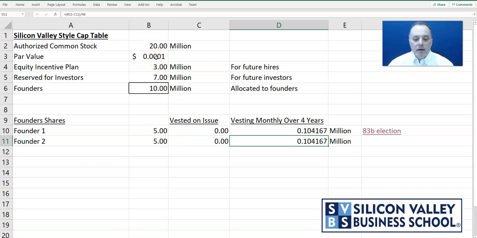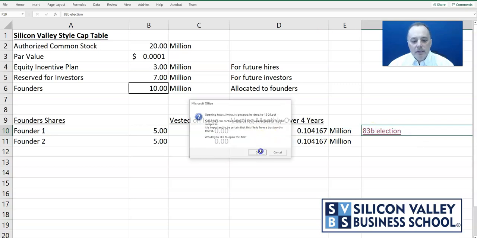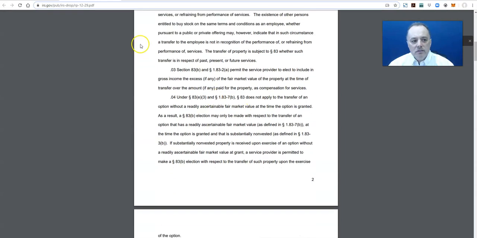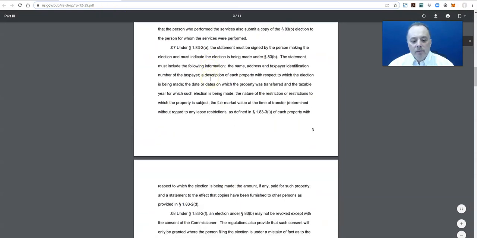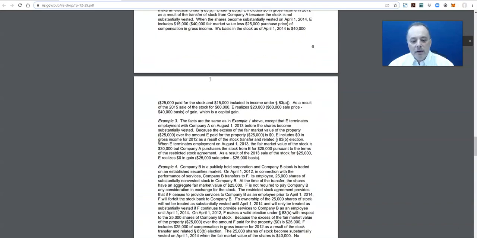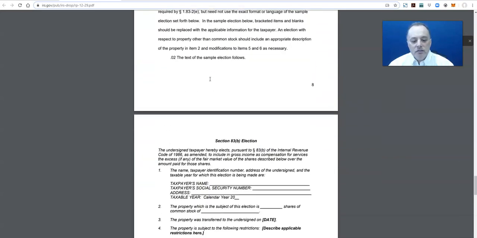Now, once you introduce vesting, it's really important that you make this 83(b) election. This is an election at the IRS. You can see the website here. Basically, it saves you a substantial amount of money in taxes later on.